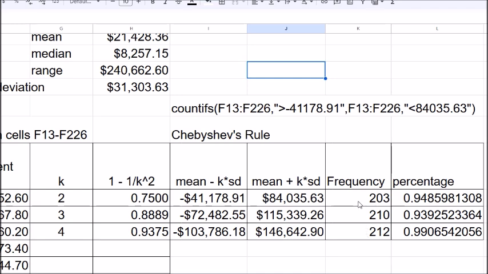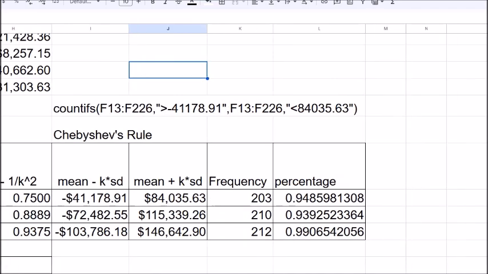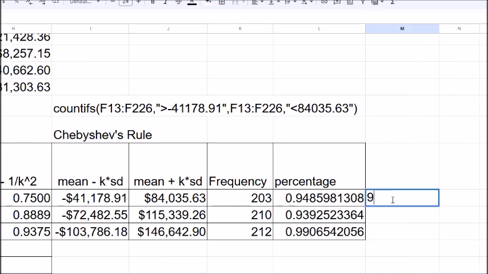And so for the first one, when k is 2, there are 203 values between these two numbers. So we do 203 out of 214, or 203 divided by 214, and then we get 94.86%.